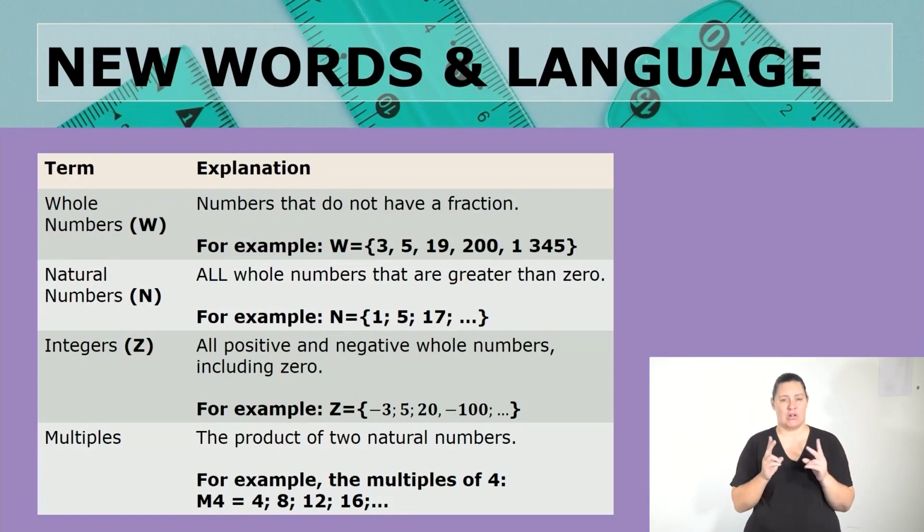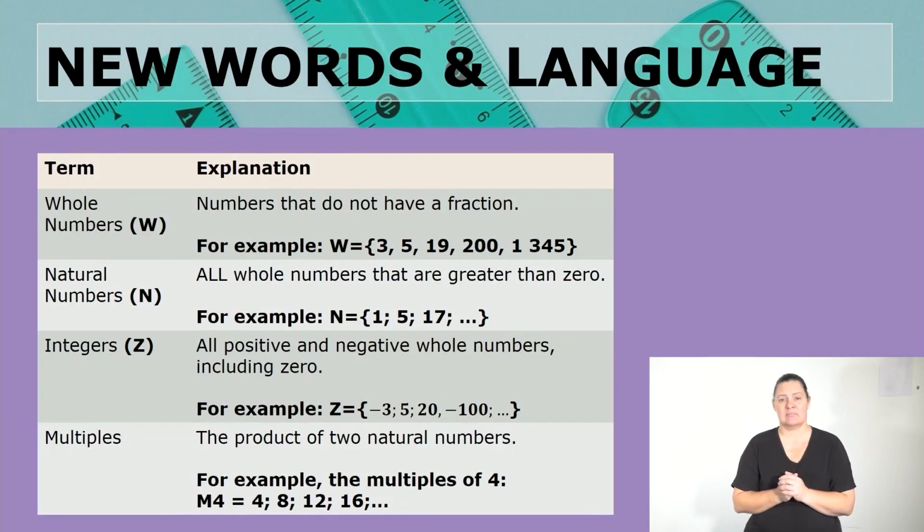The symbol there is an N. All whole numbers that are greater than 0. For example, 1, 5, 17, and so on. Integers. The symbol is a Z. All positive and negative whole numbers, including 0. For example, -3, 5, 20, -100, and so on.